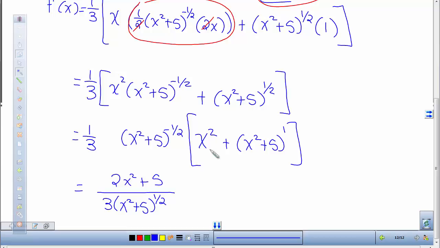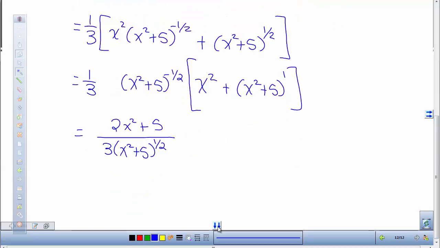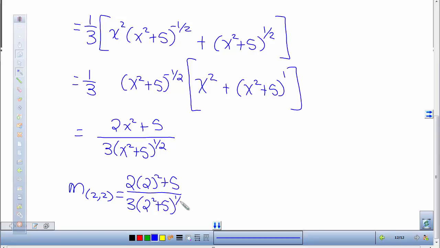All right. So what they wanted us to do was find the equation of the tangent line. So what do I do next? Okay, plug in 2. That's going to give me my slope at the point, they said it was the point (2, 2). 2 times 2 squared plus 5 over 3 times 2 squared plus 5 to the 1/2.